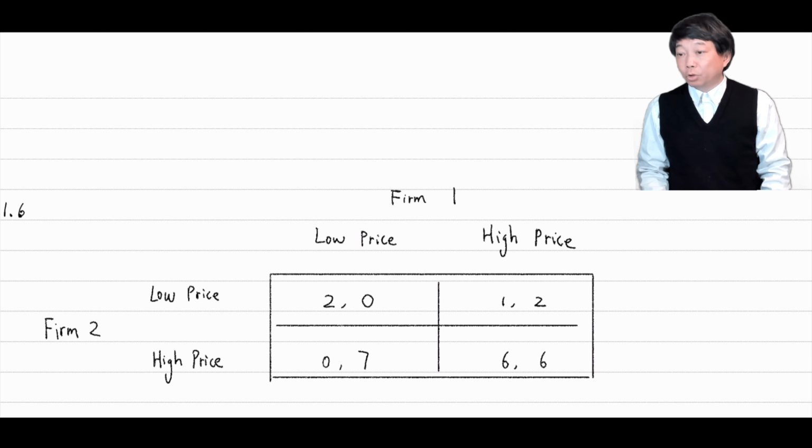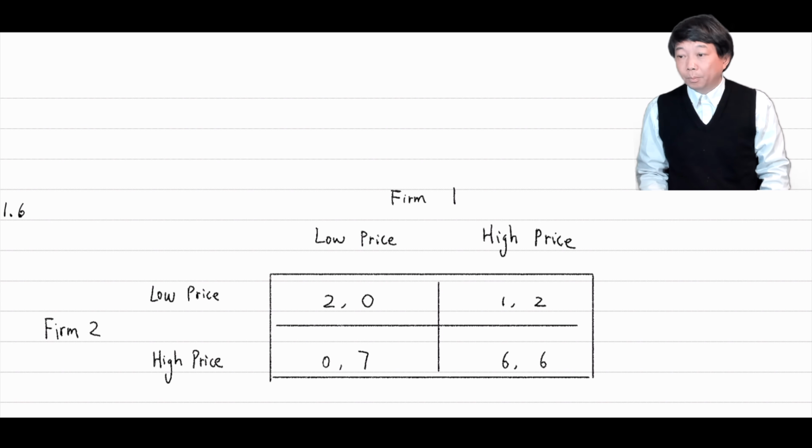We use the best response approach to find the Nash equilibrium. The payoff matrix shows the payoffs of the firms in each combination of the strategies. The first number in each cell is firm 2's payoff, and the second number is firm 1's payoff.